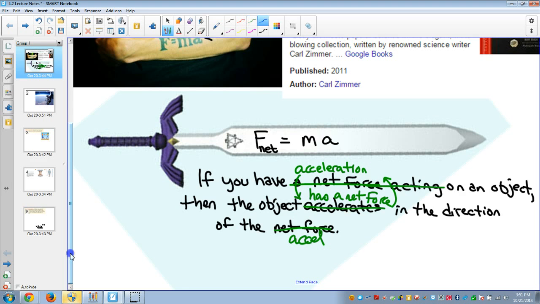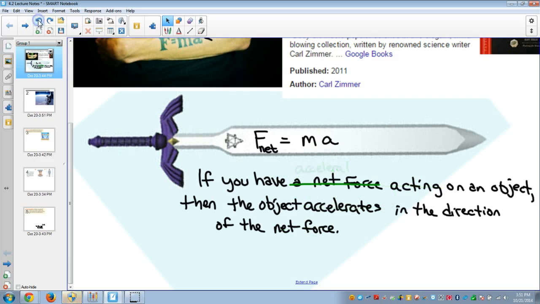I can also say this. If you have no acceleration on an object, then the object has no net force in the direction of the acceleration. And I can even go back and say it one more way. That was the inverse, by the way. When I switched the first and the second, they call that the inverse.